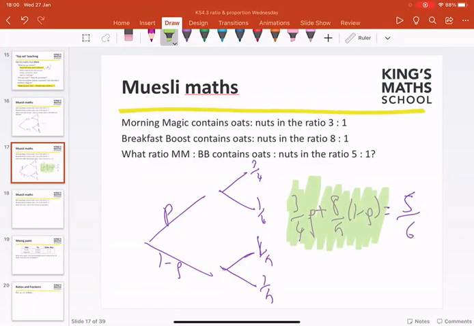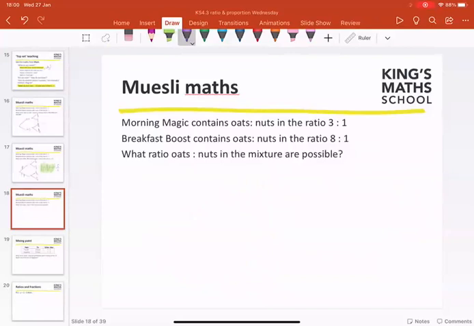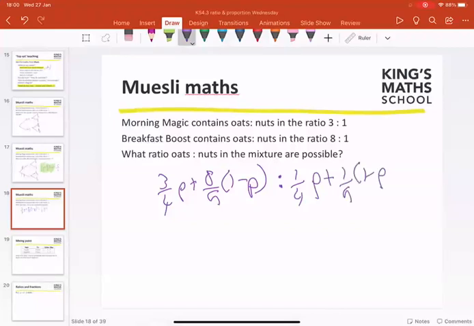Yes. So that's the proportion of oats. And if we take that, so we've got 3/4 of P plus 8/9 of 1 subtract P, and we want to think of that in proportion to the nuts. So it's 1/4 of P plus 1/9 of 1 subtract P.